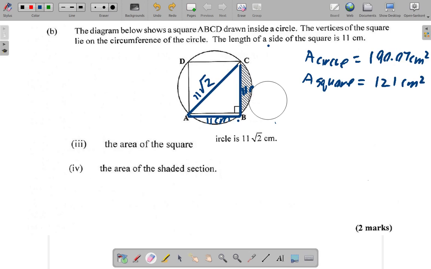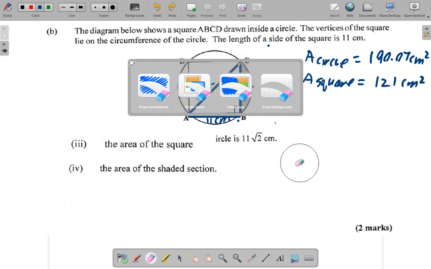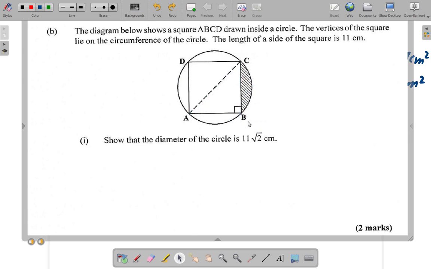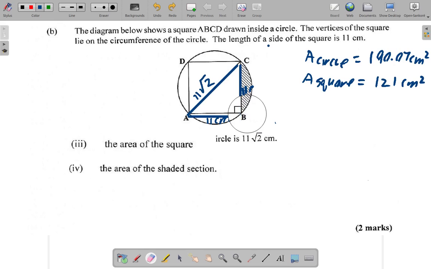Let me just get rid of these figures here. Now, the shaded section. What are you going to do about this part? Let's see. Look at this. We have a shaded section here.